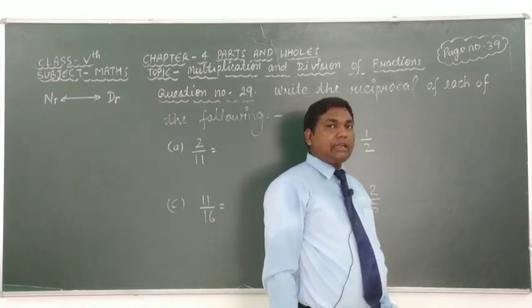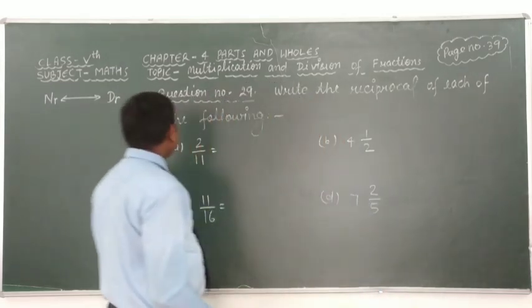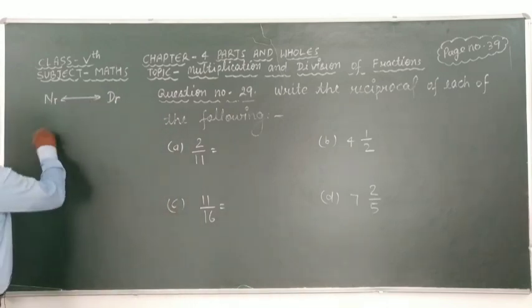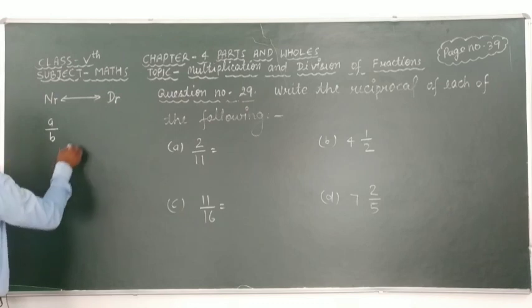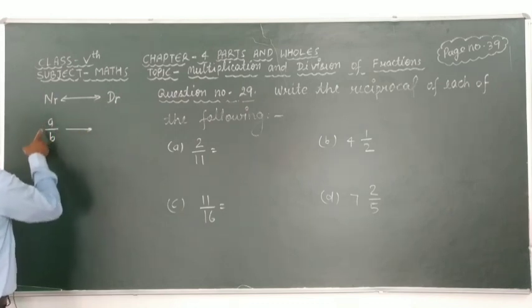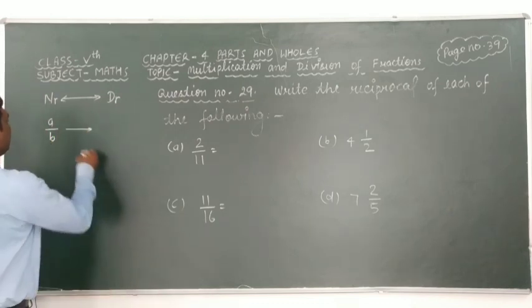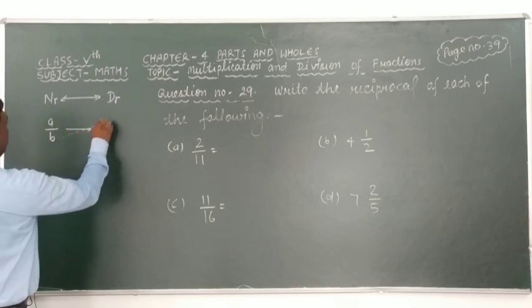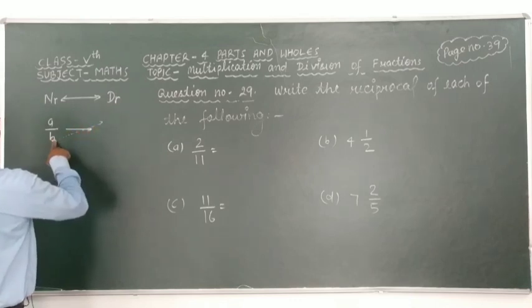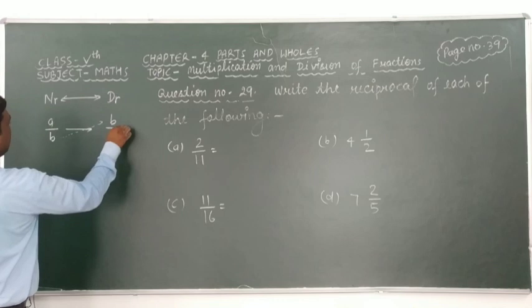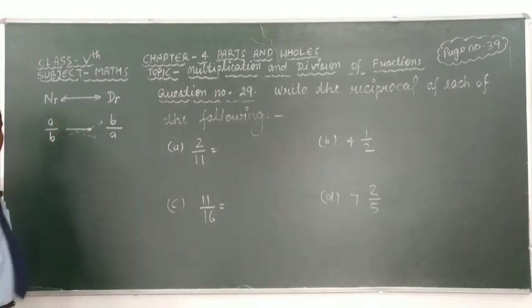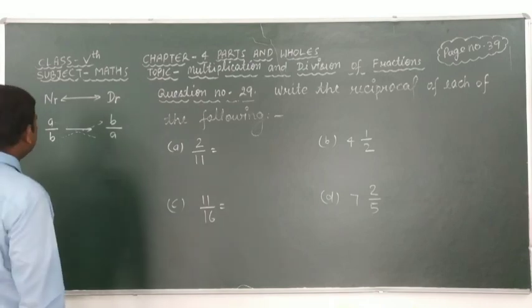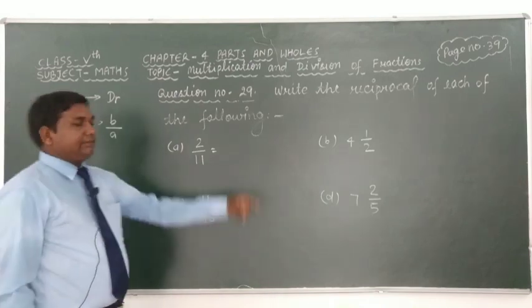Suppose here given is A over B, then the reciprocal of A over B is equal to B over A. We change the denominator into numerator and write A in the denominator. Understand? Similarly, we can solve all given questions.